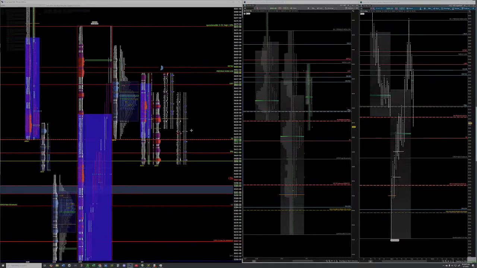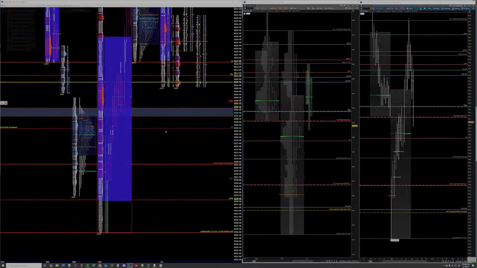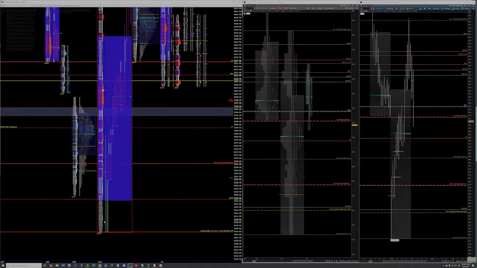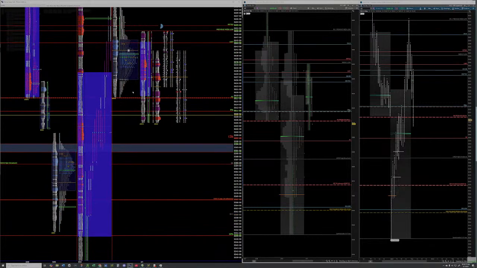It's pretty hard for traders to switch from short to long after they have seen this huge rally, this trending day we had yesterday. Switch the brain, switch the mindset.